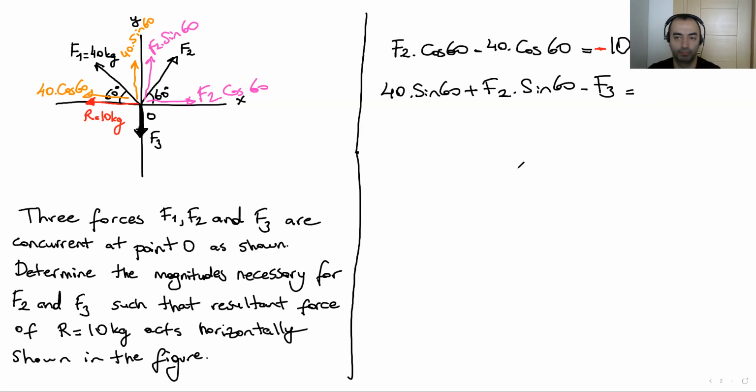Equals what? 0. Yes, 0. We have a resultant force on x direction, that means there is no y component of this resultant force. You are right. This combination is going to be 0. So in this equation, we know this. This is 20. If we solve it, we have only one unknown, F3. You can get it easily. F3 is, let me check.